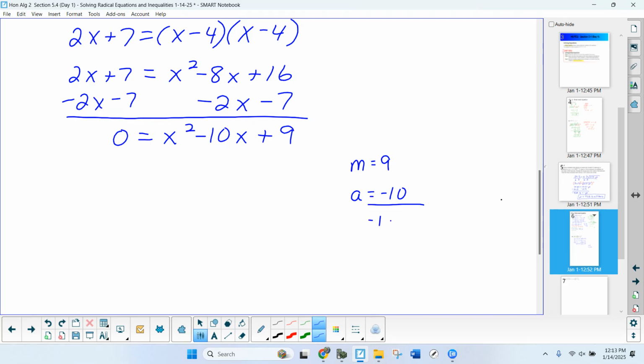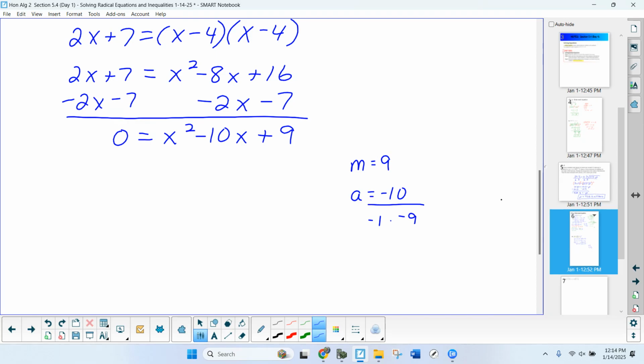Wait, no, -1 and 10. Multiplies to give you 9. Oh, -10 and 1. Wait, no, -9 and 1. -9 and -1. Right? It has to multiply to give you positive, adds to give you -10.